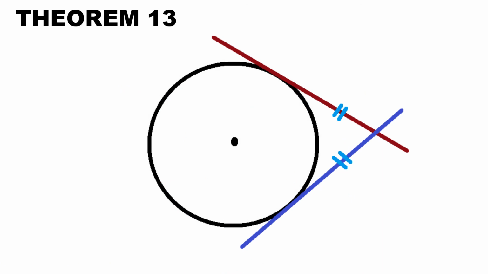Kung may dalawang tangent line na nag-meet outside the circle at pareho silang tangent dun sa circle, yung measurement from this point outside the circle papunta sa point of tangency ay equal sa isa pa. So kung ito ay 8 centimeters, for example, ito ay 8 centimeters din. Ang condition lang dito, yung dalawang tangent line nag-meet sa isang point outside the circle.